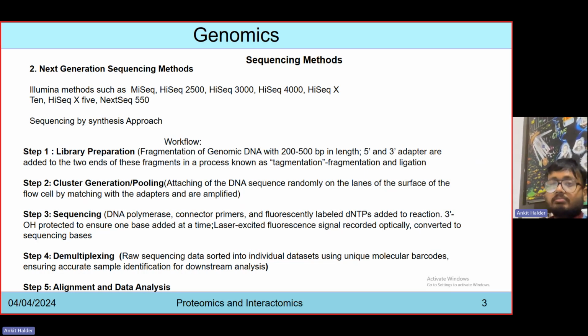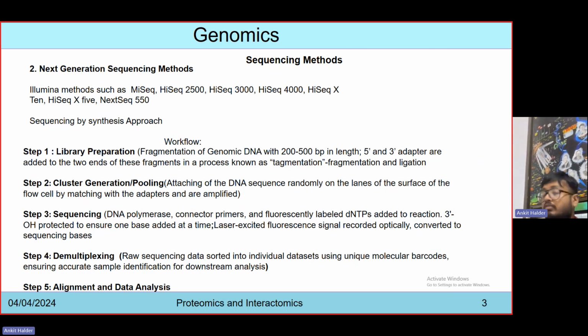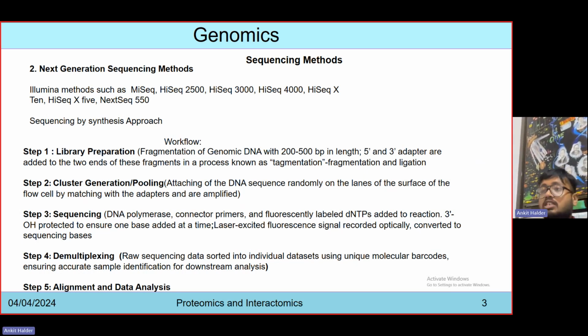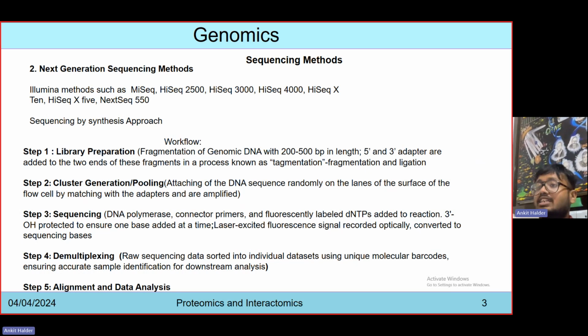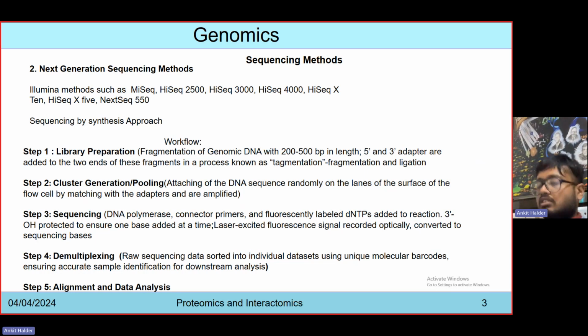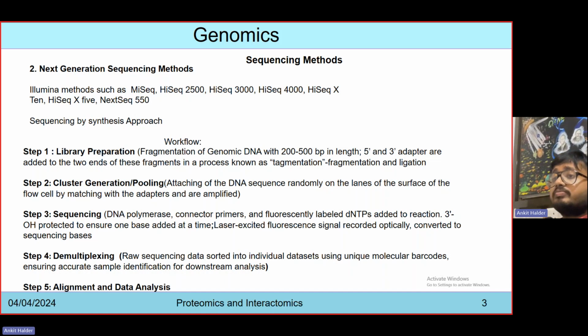Now the whole field was revolutionized with the advent of next generation sequencing methods, of which Illumina technologies such as MiSeq, HiSeq 2500, HiSeq 3000, HiSeq 4000, HiSeq X10, HiSeq X5, NextSeq 550, etc. are some of the instruments being used.